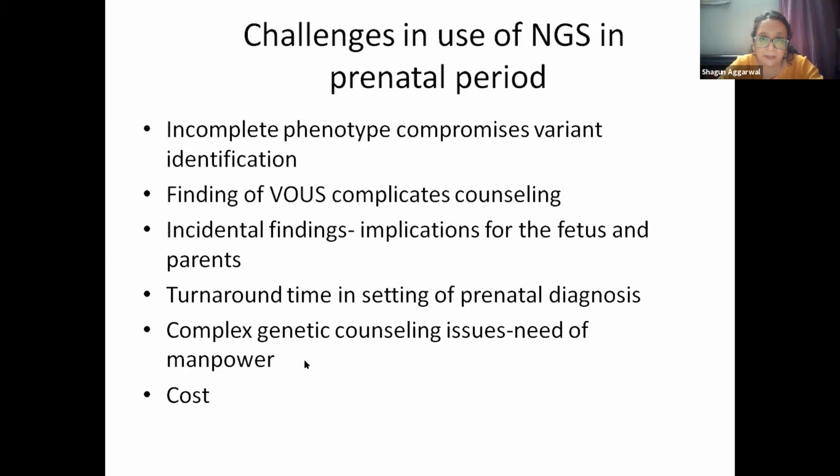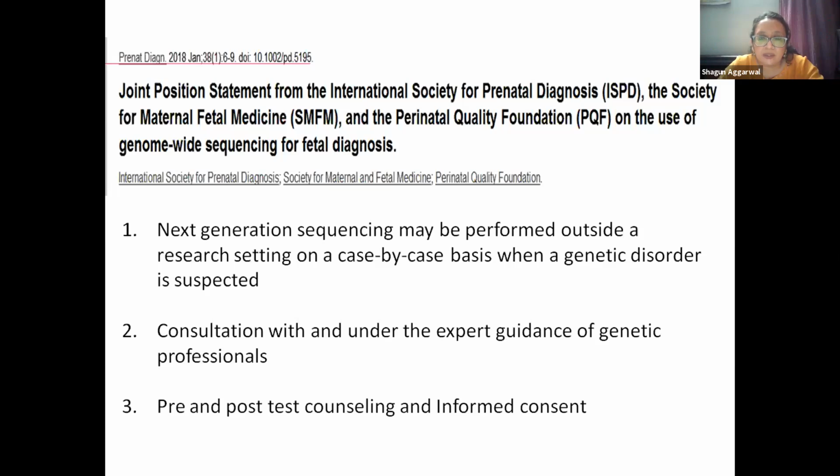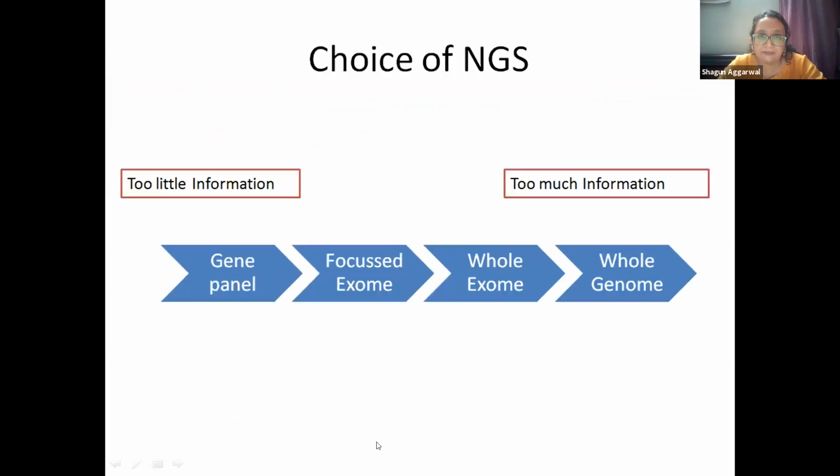We don't have enough manpower for this, and cost, of course, the additional cost for the patient, is a big concern. So due to this, the society guidelines by ISPD and SMFM have said that at present, if NGS is used in the prenatal period, it should be done in specific situations and in consultation with a geneticist, and always with pre and post test counseling.